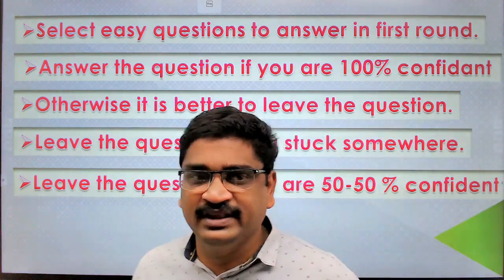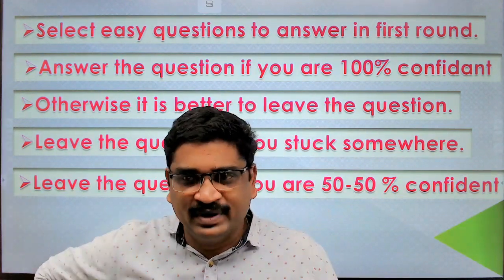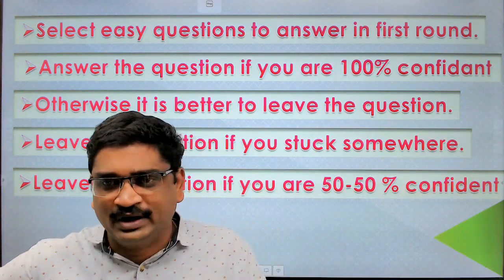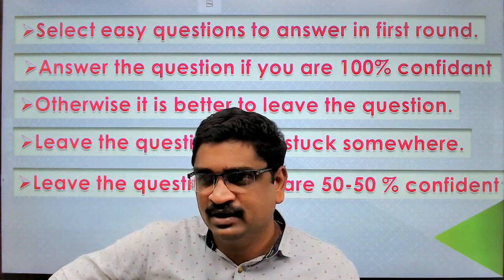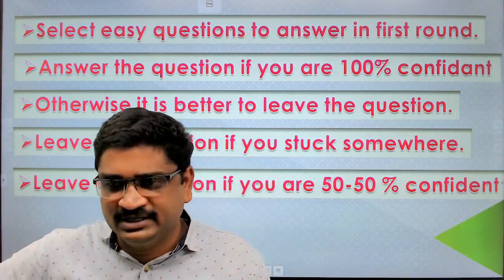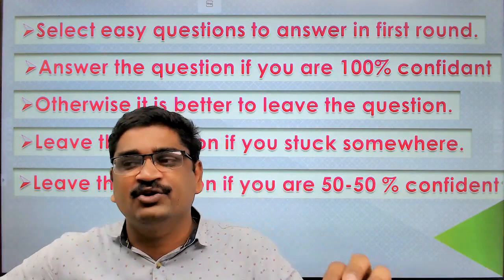Don't answer the physics paper in number order. Just assume that question numbers 1 to 50 are the physics questions. Don't answer those questions in order. It is better to answer the physics paper in easy question order.